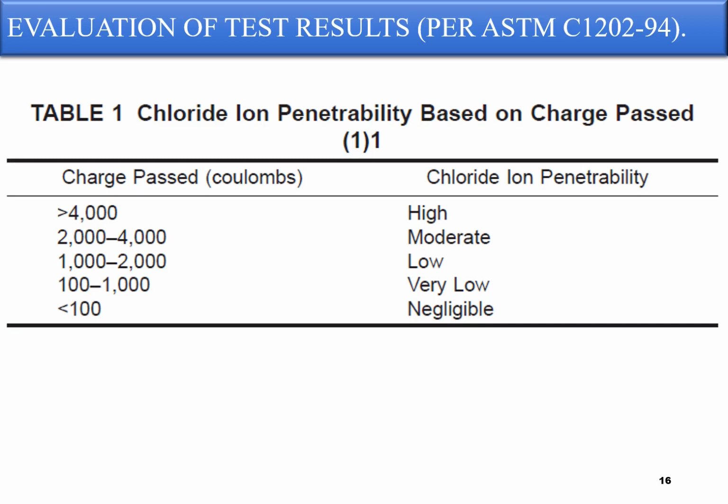Normally in metro projects, RCPT values are sometimes defined in the contract that it should be less than 1000. That means the life of the structure will be high when the chloride ion penetrability through the concrete is low, very low or negligible.